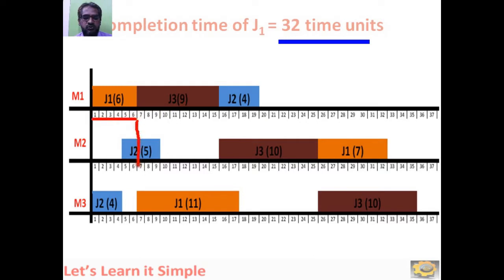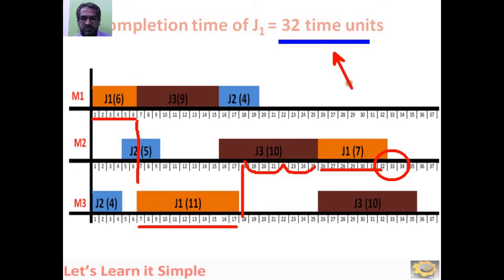Then it goes to machine 3, where it takes a processing time of 11. Then it goes to machine 2, where it has to wait because J3 is in progress, and then it takes an additional processing time of 7. So in total, job 1 takes a total completion time of 32. That is mentioned here.